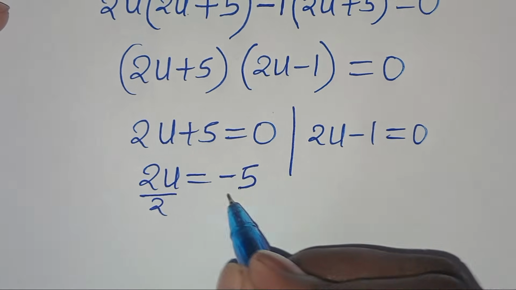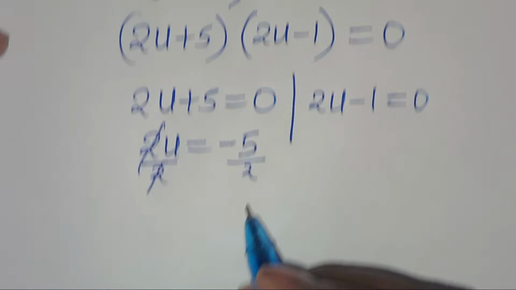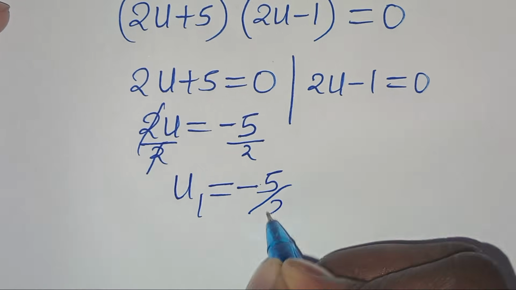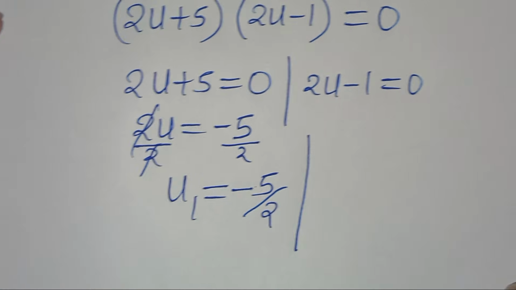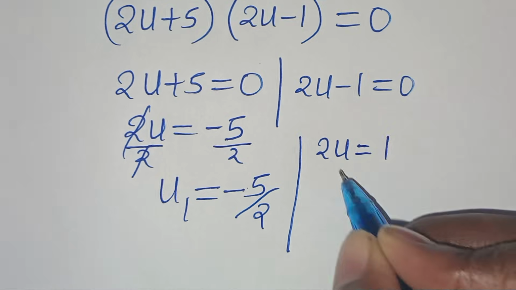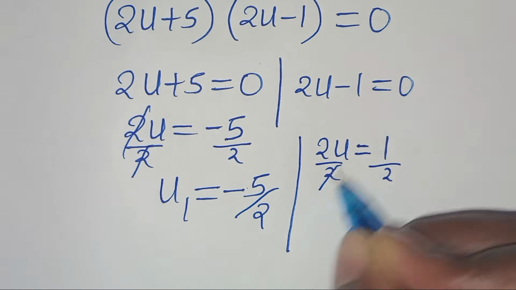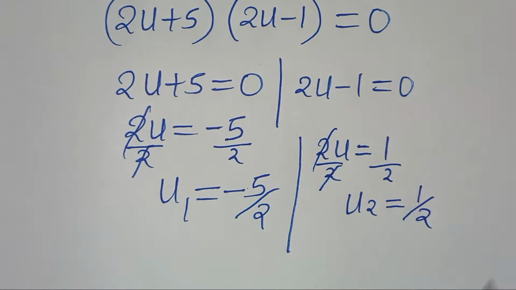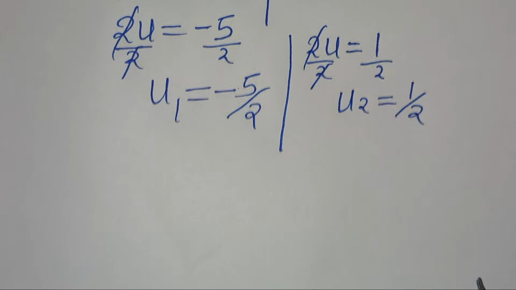Let's divide both sides by 2. And this means that u1 is equal to negative 5 over 2. In the second case, 2u is equal to 1. Let's divide both sides by 2, and this indicates that u2 is equal to a half.